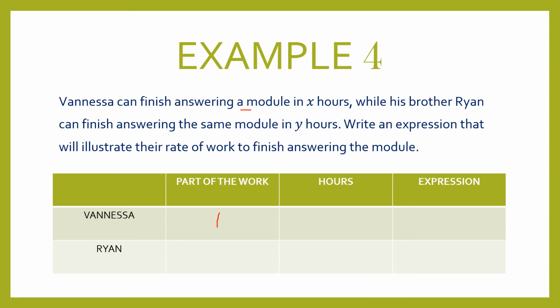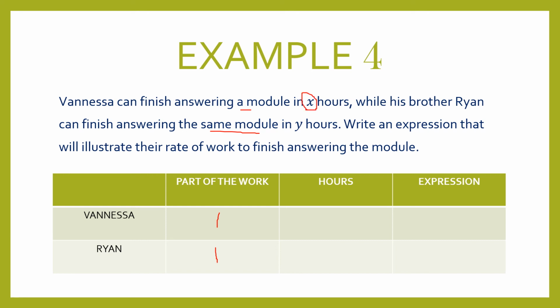Next naman, si Ryan, ang nasagutan niya is the same module. When you say same module, kung ilan yung nasagutan ni Vanessa, ganun din yung part of the work niya. So, Ryan can also answer one module. Hours, yung binanggit ko kanina, yung nirepresent yung oras ng paggawa nila by variable. Si Vanessa, she can finish answering the module in X hours.